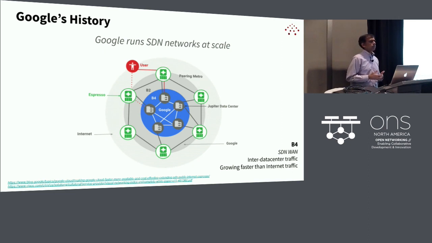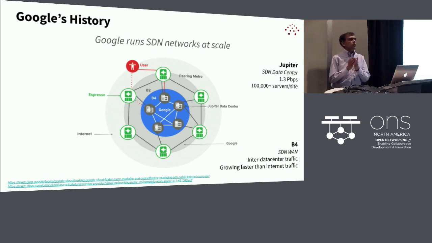And then we took this success and applied it to our data center network, originally called Watchtower, and then transformed it into what is called Jupiter now, which runs OpenFlow-based SDN throughout our global network in all our data centers.